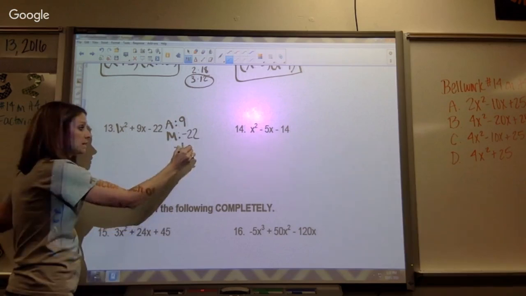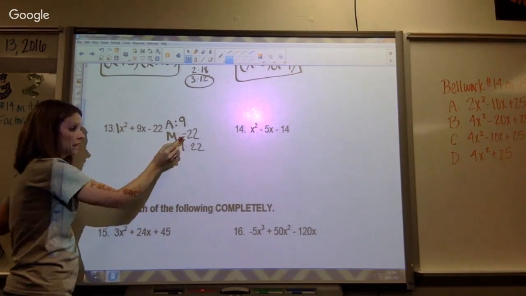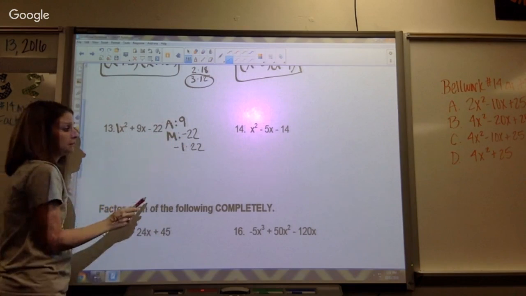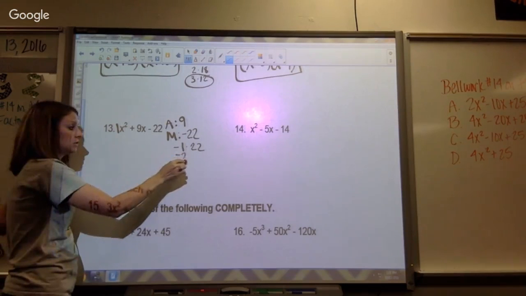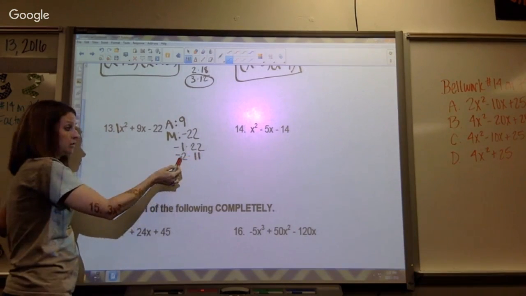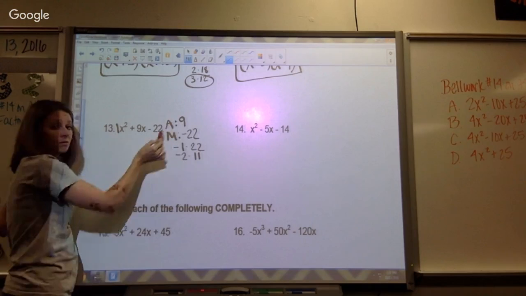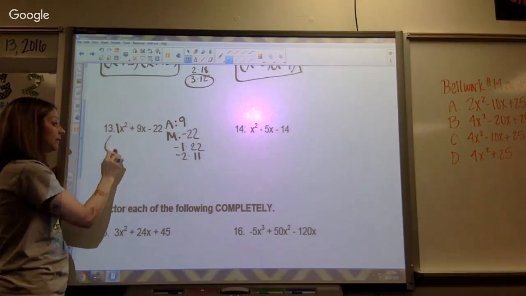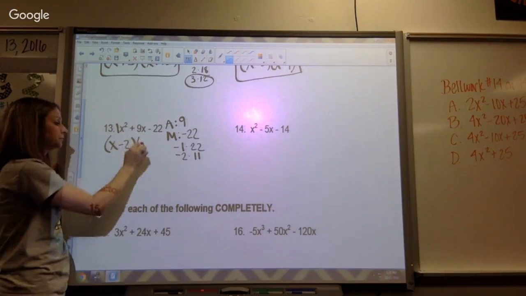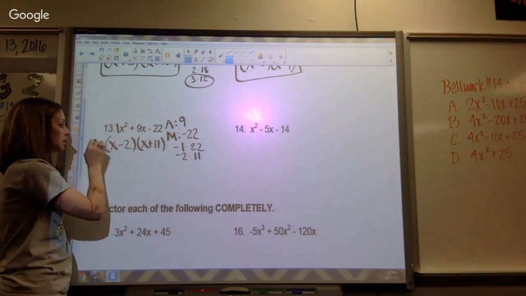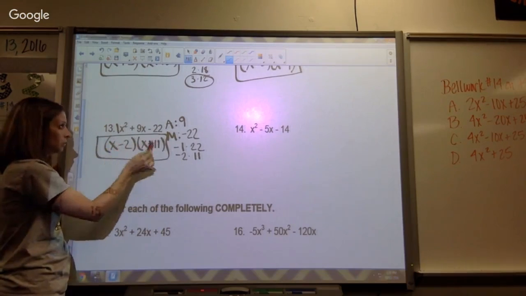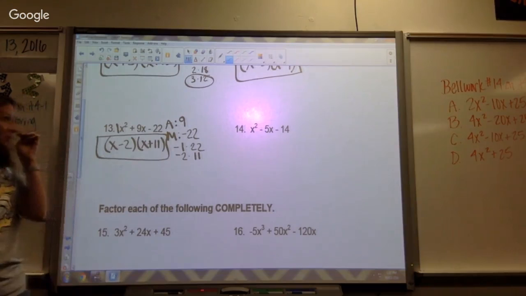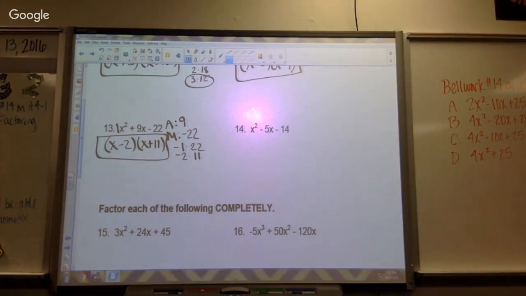So negative 1 times 22, that does not add to positive 9. You go to the next one, negative 2 times 11. Notice when you do add those, it gives you a positive 9 there. So we would have x minus 2 times x plus 11. If you multiply them, you should end up getting x squared plus 9x minus 22.